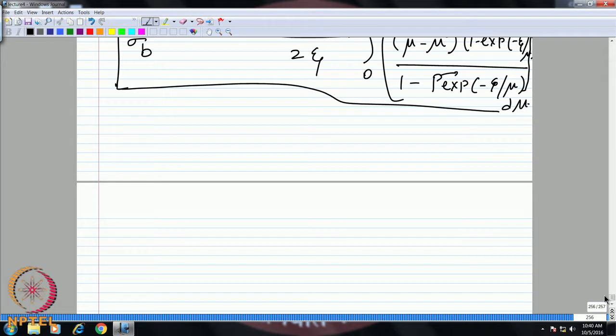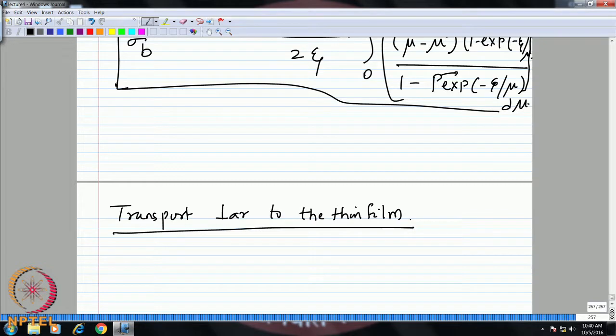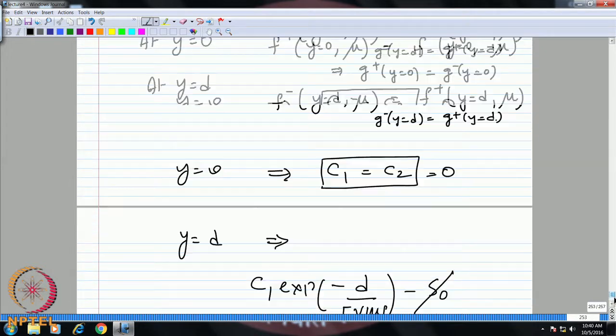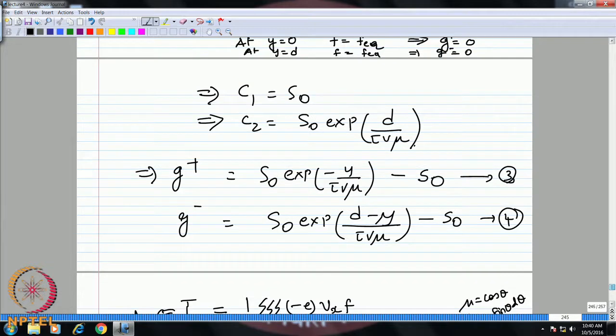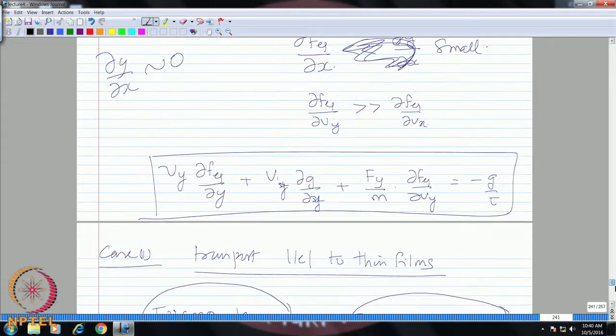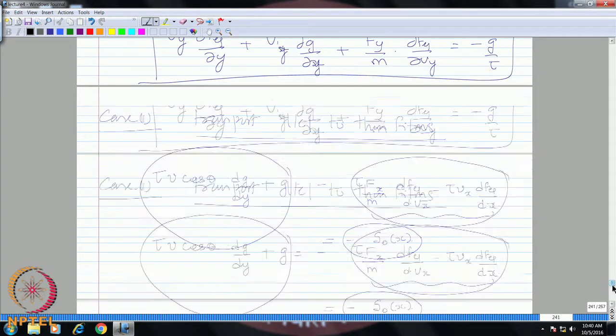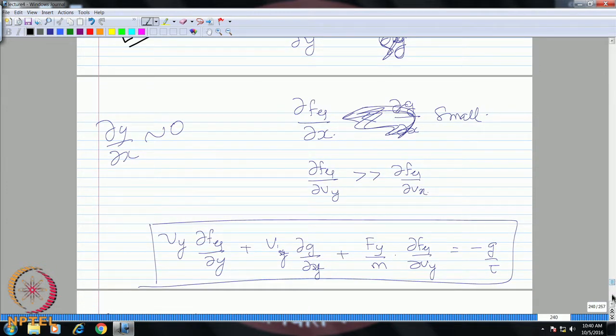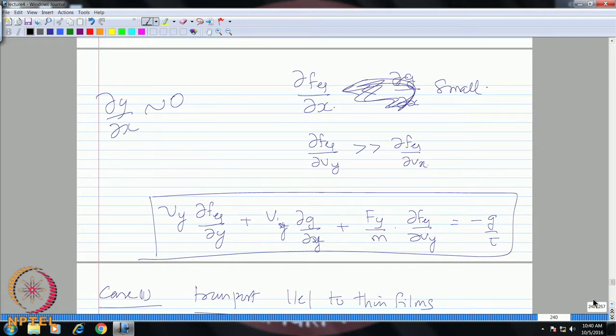So, therefore, for the case where you have transport perpendicular to the thin film, if you go back and revisit what we have derived, the Boltzmann transport equation for the transport perpendicular to the film, this is the expression, correct.